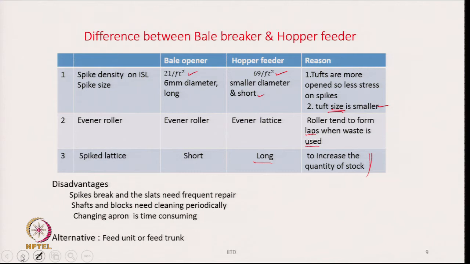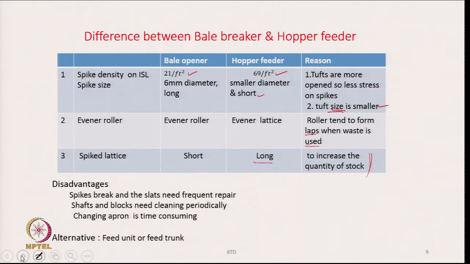Disadvantages of the machines are that spikes break and slats need frequent repair. Shafts and blocks need cleaning periodically, and changing the apron is also time consuming.